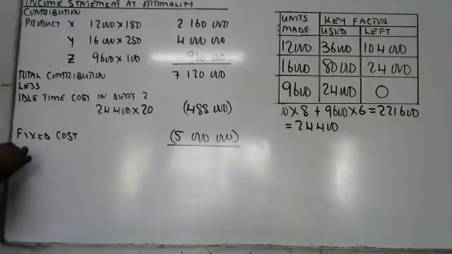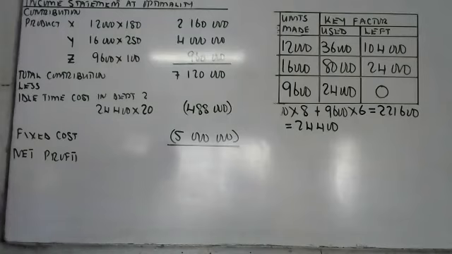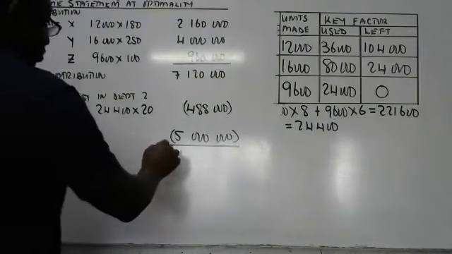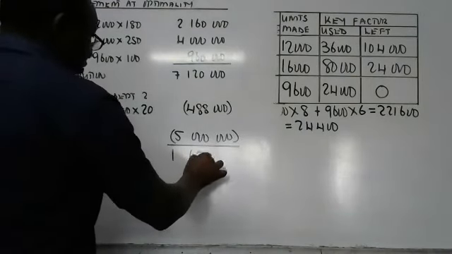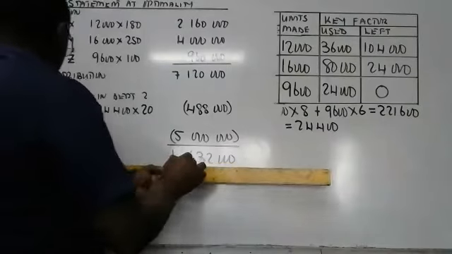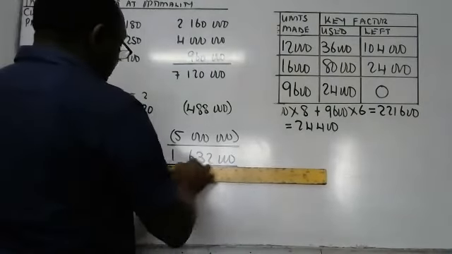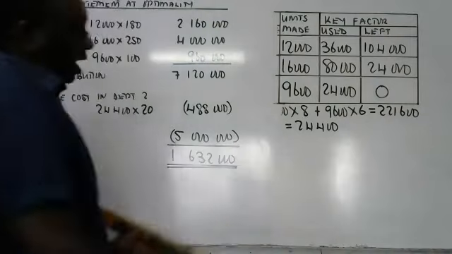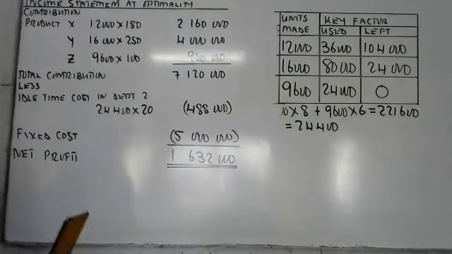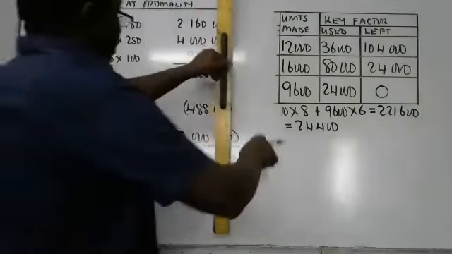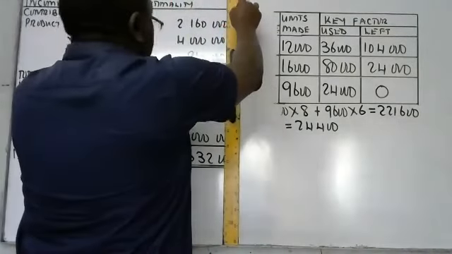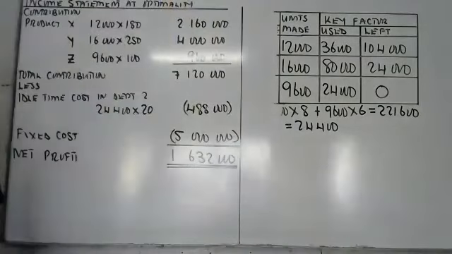You should say 7,120 minus 488 minus 5,000 is 1,632,000. So that is the profit that you will get at Optimality.